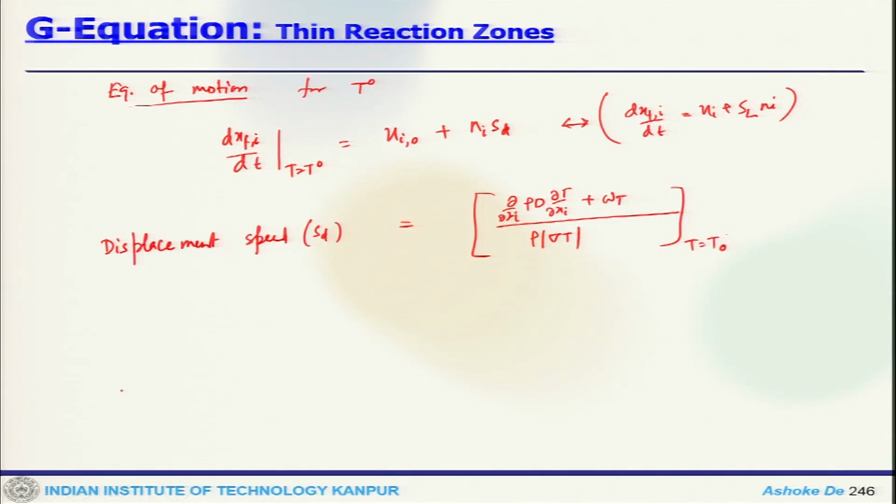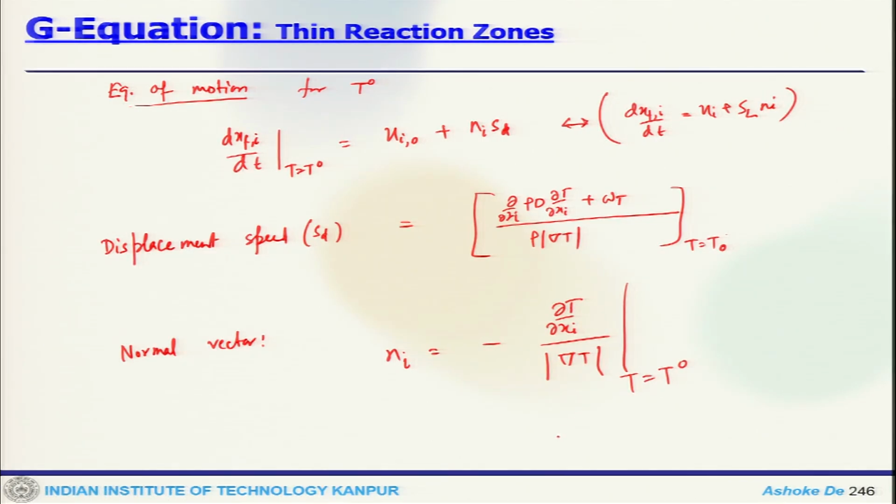Now similarly you can find out the normal vector. That is defined as Ni equals minus del T by del Xi divided by the magnitude of del T at T equals T naught.